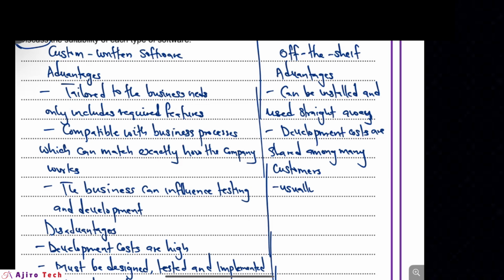Usually contains fewer errors as the software is widely tested.